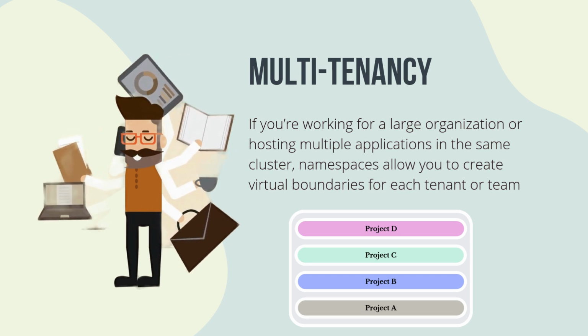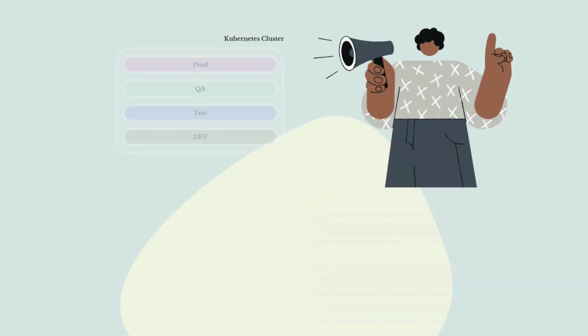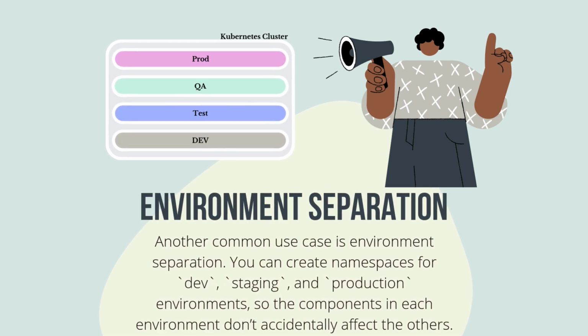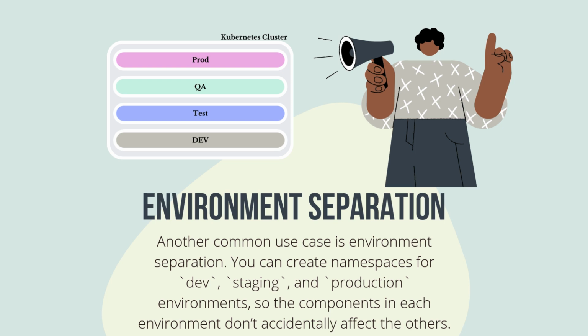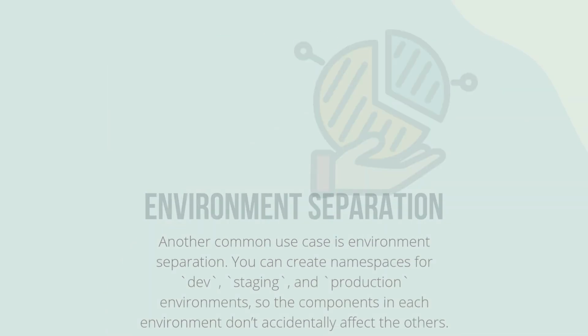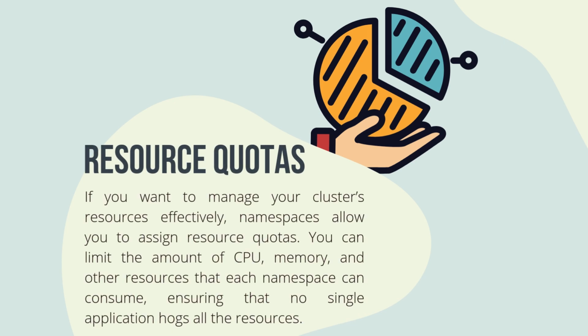This is called multi-tenancy. Another common use case is environment separation that we have already seen. You can create namespaces for dev, staging, and production environments so the components in each environment don't accidentally affect the others. Then for resource quota, to manage your cluster's resources effectively, namespaces allow you to assign resource quotas.